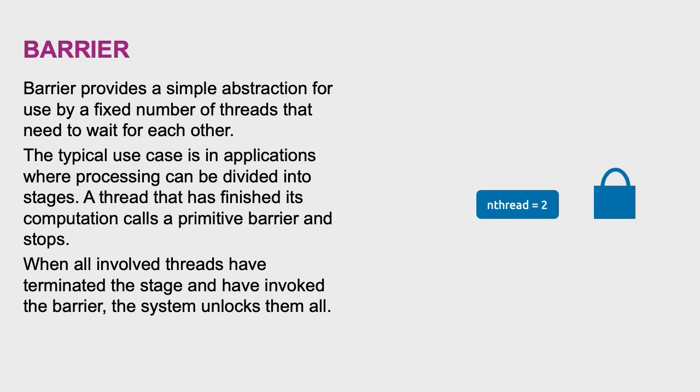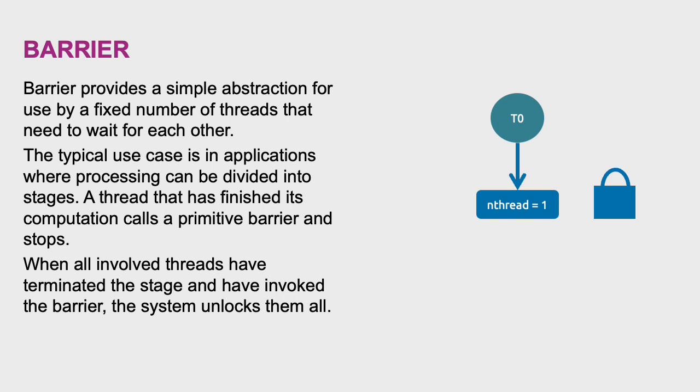So let's see how things work. In the beginning, the variable n_thread is set to 2. Then a thread T0 approaches the barrier and acquires the barrier. So n_thread is decreased to 1. It means that we are waiting for another thread before opening the lock.